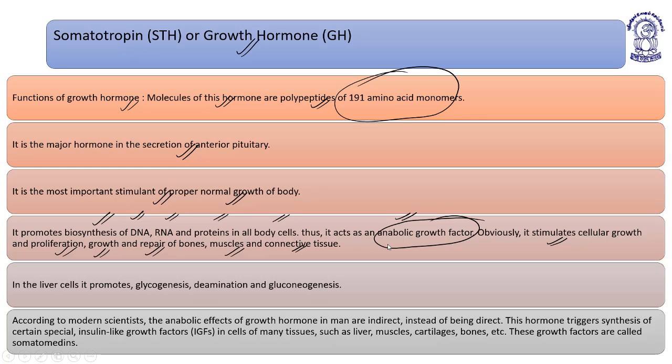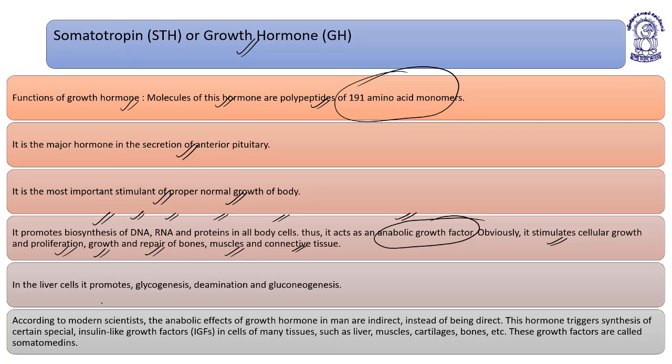Somatotropin or growth hormone promotes biosynthesis of DNA, RNA, and proteins in all body cells. Thus, it acts as an anabolic growth factor. It also stimulates cellular growth and proliferation, repair and regeneration of bones, muscles, and connective tissues.